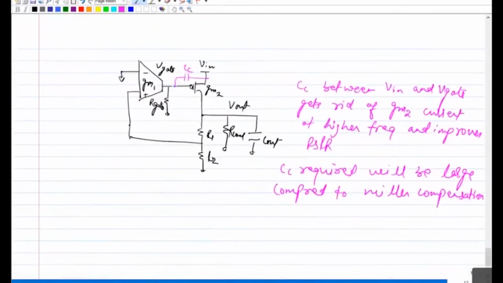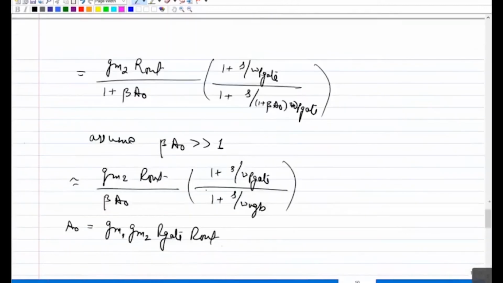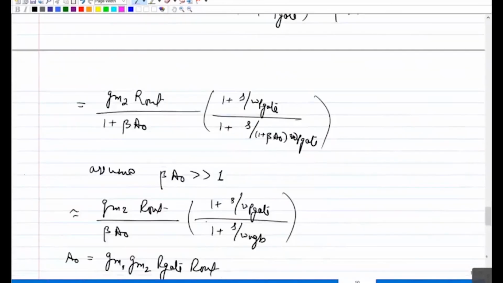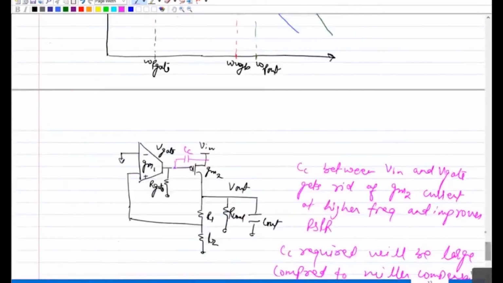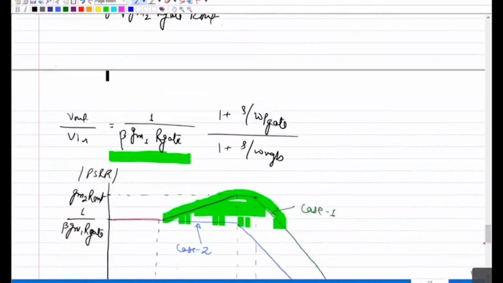But the brute force way is just having a large gap between Vin and gate, which will help in improving the PSRR. In that case, you will get rid of that zero, which is causing the increase in this PSRR curve. By the way, when you say this is increasing, it means your PSRR is degrading, because we have Vout in the numerator and we want this Vout by Vin ratio as low as possible.